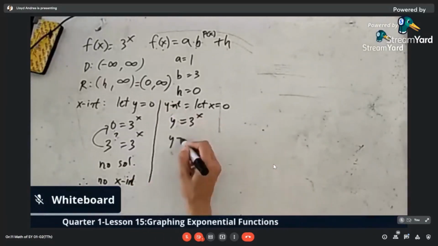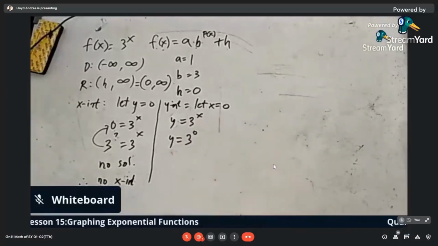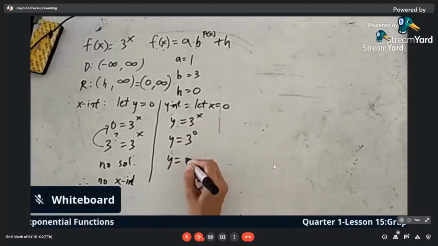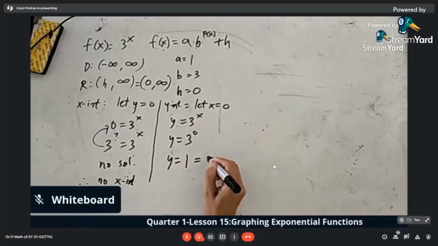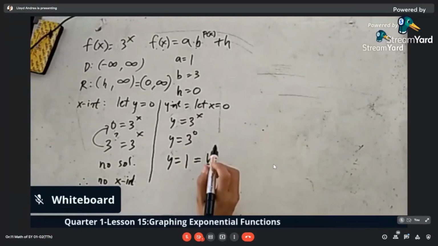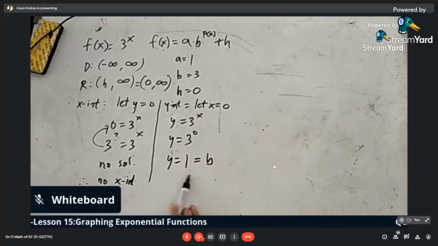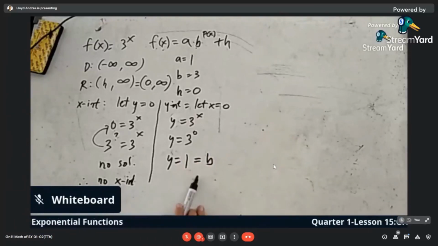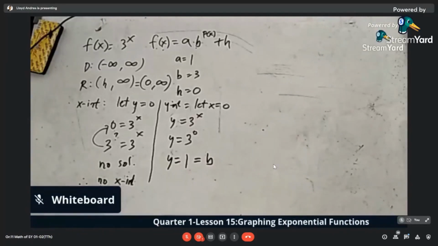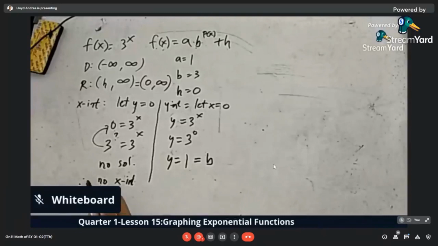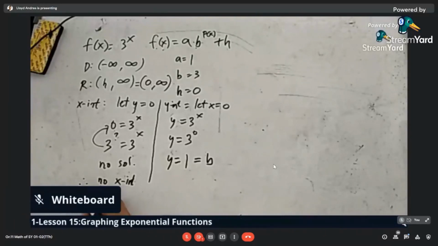So y equals 3 raised to 0, and that is 1. So this is now your y-intercept, denoted by small letter b. So we have the x-intercept and the y-intercept. Let's now proceed to the vertical asymptote.